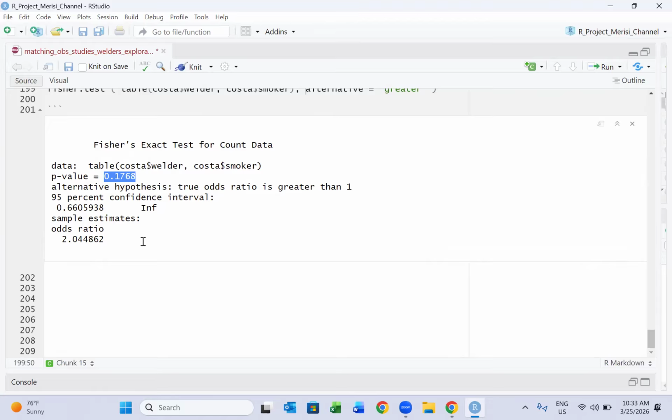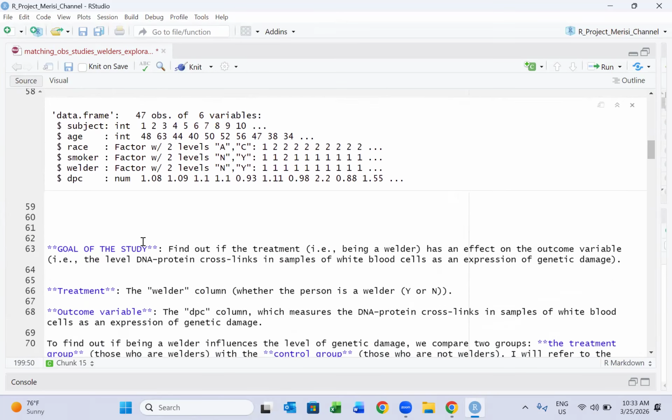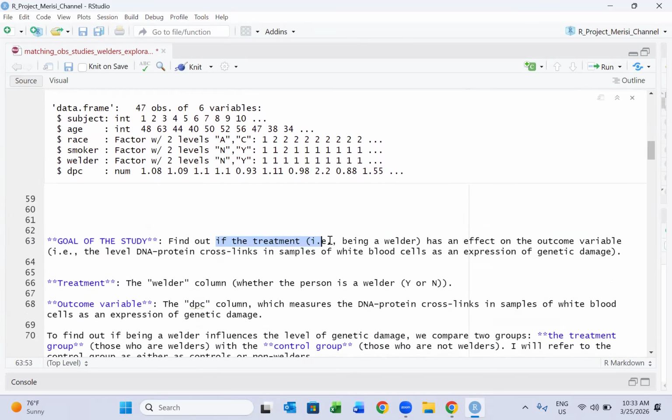Another thing that we can say is that the difference between the two groups with respect to race and smoking status is not statistically significant. So there is not an important imbalance with respect to those two covariates. Now, this is the thing, guys. Remember that the goal of this study was to find out if being a welder has an effect on the outcome variable, genetic damage.